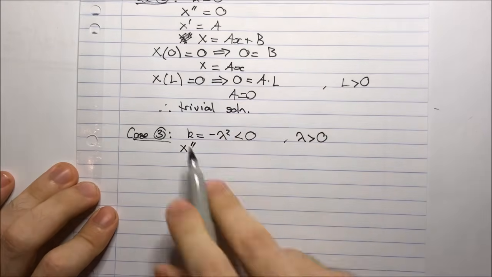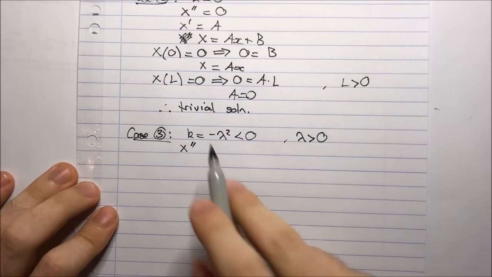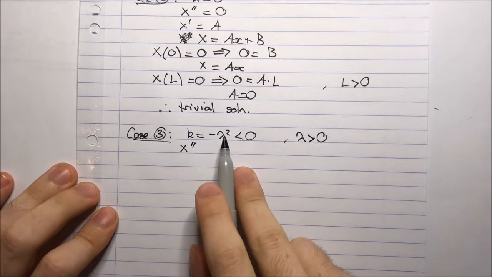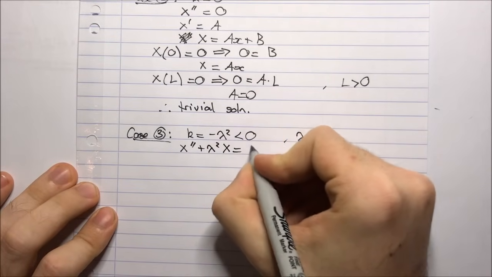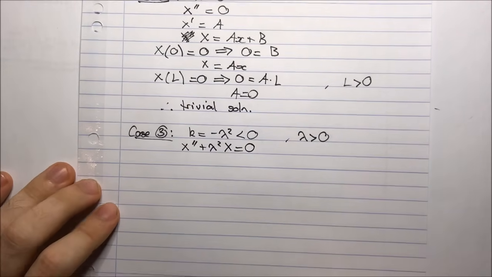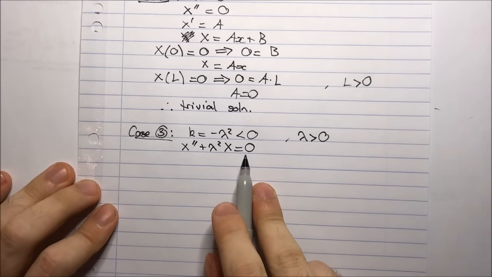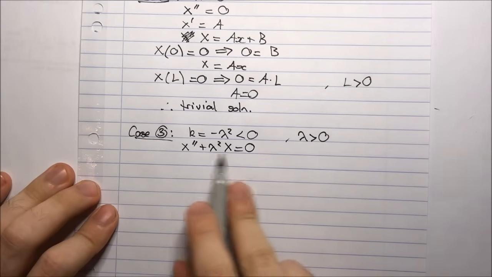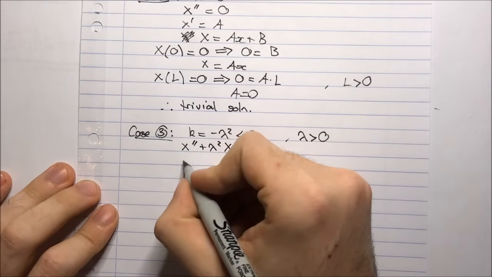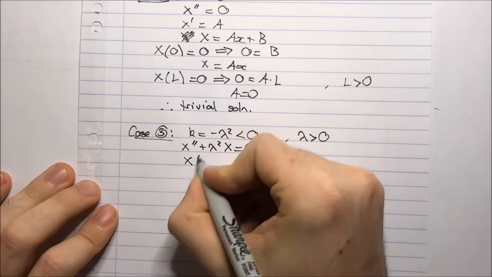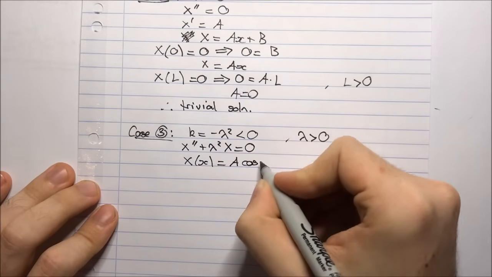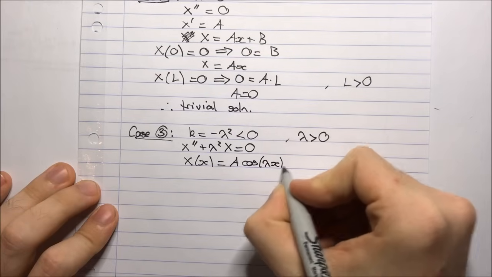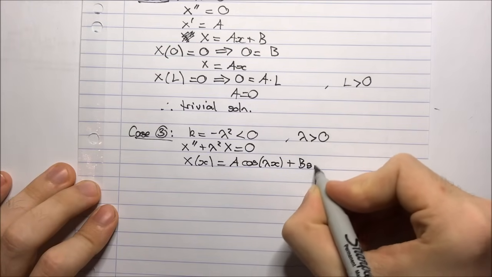X double dash, it was minus kX, so it's going to be minus lambda squared, so that'll become plus lambda squared X equals 0. And now hopefully you're very comfortable with solving this kind of an ordinary differential equation. The solution will be X of x equal to a cos of lambda x plus b sine of lambda x.